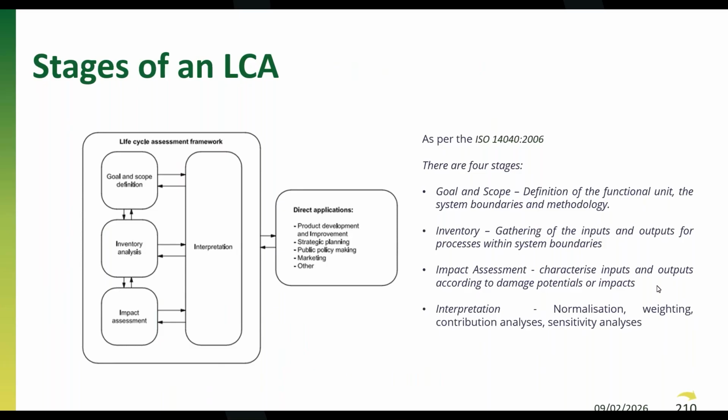So we'll get to that later, but this is, for example, to amount the emissions of carbon dioxide, which would be one of those impact indicators. And finally, we interpret. So to interpret, we have to normalize, weight, and analyze all the contributions, and also do sensitivity analysis to be sure that our LCA is robust enough.